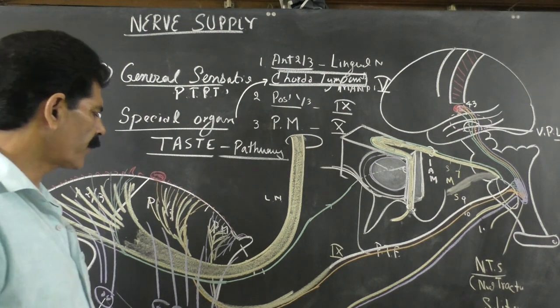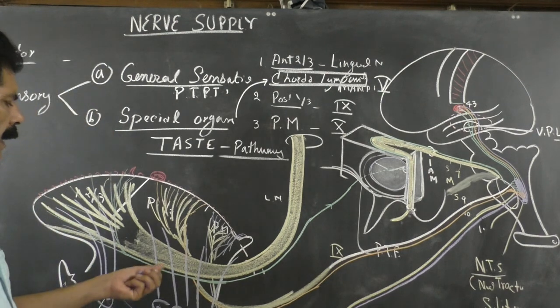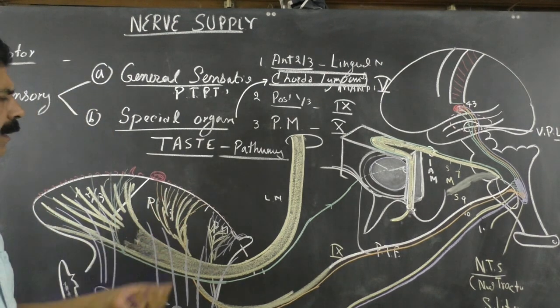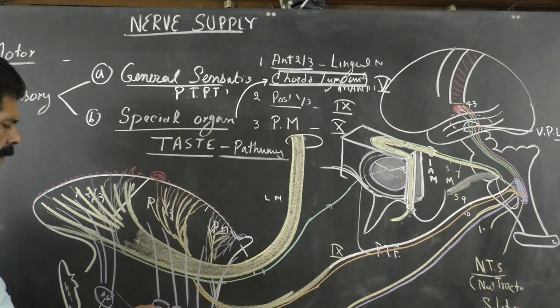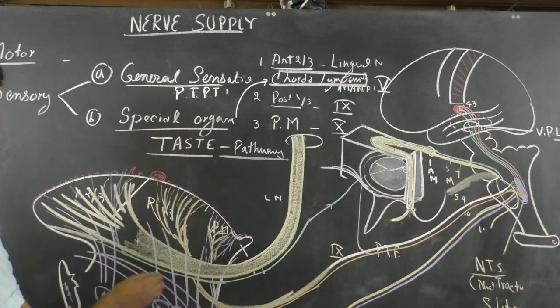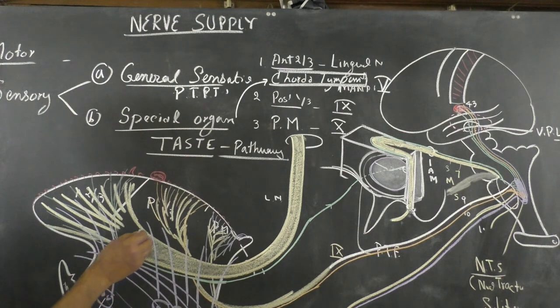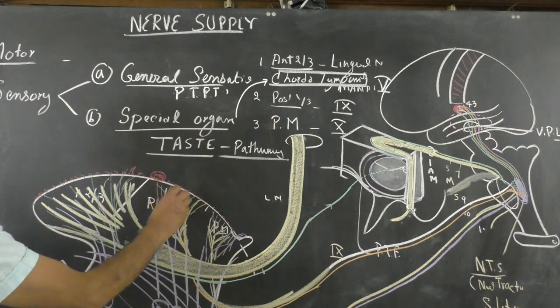So these are the lymph nodes. Now the lymph nodes from the posterior part of the tongue, that is the submental group, they are bilateral. So these lymph nodes are drained from the right side as well as the left side of the tongue.